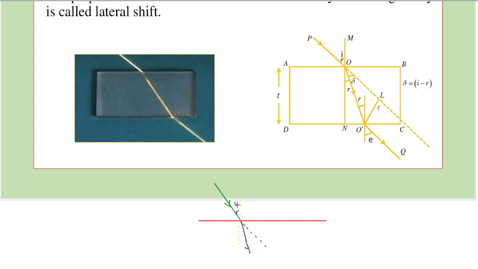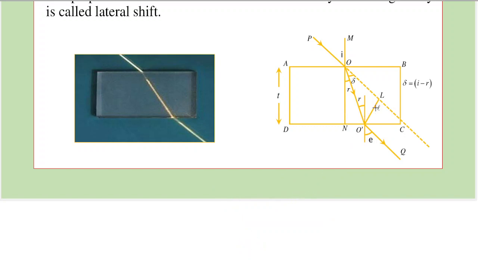If this angle is I and this angle is R, then this would be delta, which is called the angle of deviation. This delta is equal to I minus R. With that in mind, we'll start the derivation.